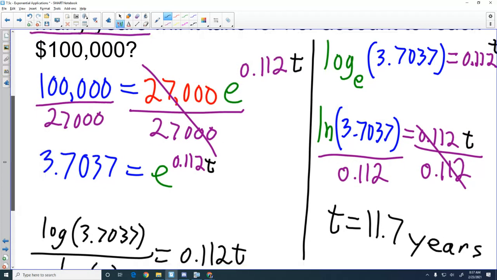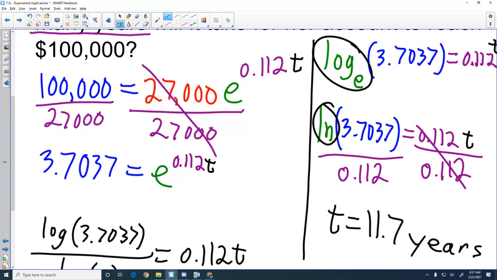But I would just say try to get to the point where if you see that a log is a base of e, just press ln on your calculator. It's less buttons to press. And it's also showing insight that you make that connection between a log of base e and the natural log. And that's kind of why the natural log is a thing.